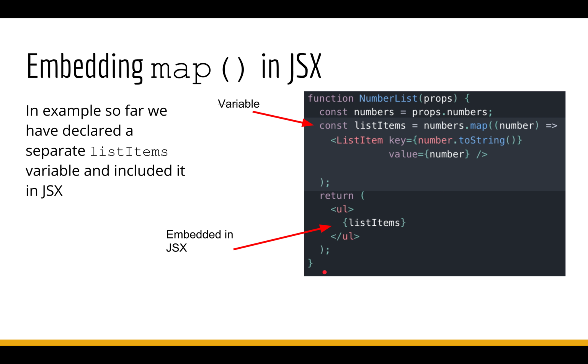And then finally, there's one more thing, I promise, final thing that I want to point out. So far, we've actually been creating a variable and storing all of our results from our map function in that. And then we've been putting the variable inside of curly brackets, and that's how it's being rendered in the actual JSX down here at the bottom, right?